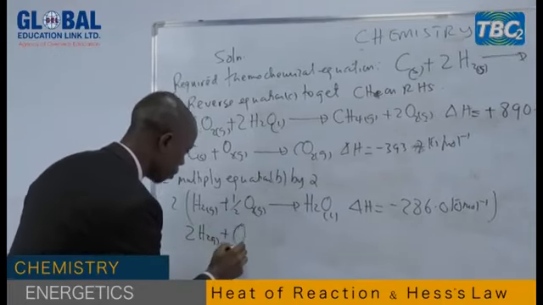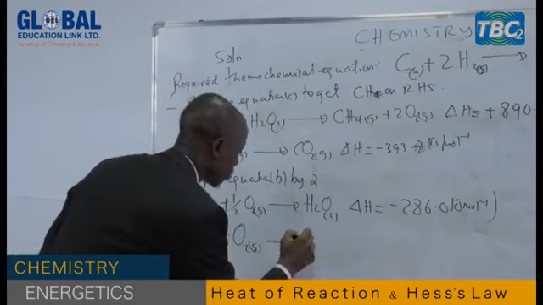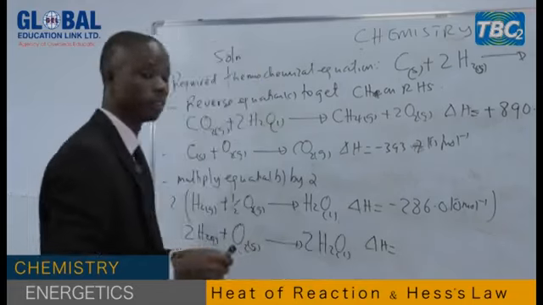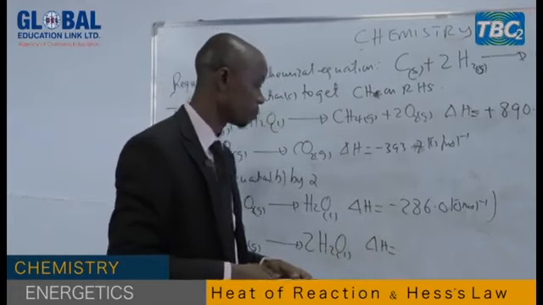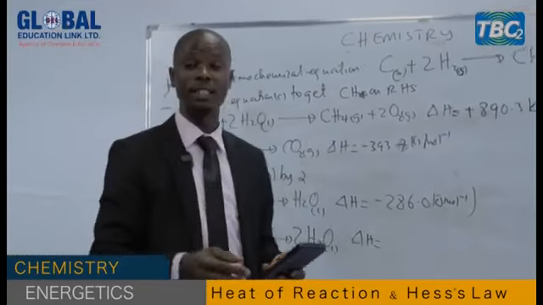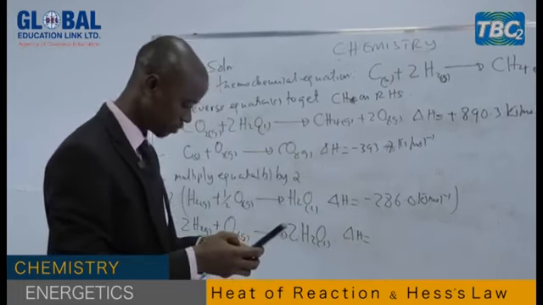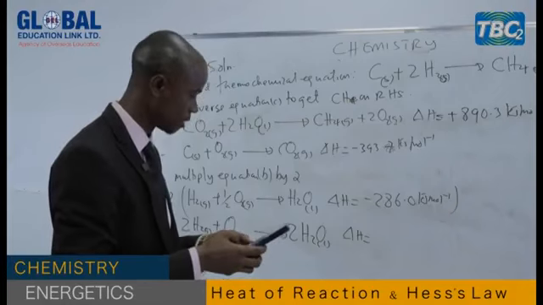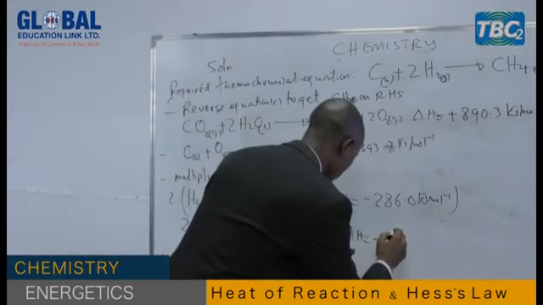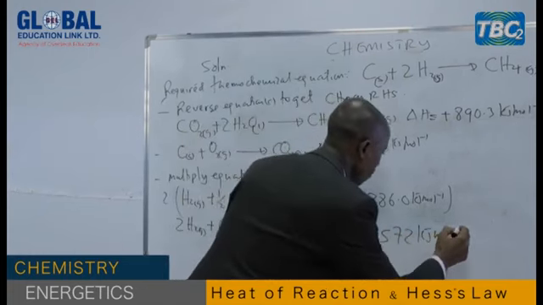So we're going to remain with 1 mole of oxygen gas, 2 times 1 mole of water. We are going to get 2 moles of water, liquid, and multiplication, 2 times negative 286.0 kilojoules per mole. You just use your calculator. I hope that you have a calculator because I'm sure that you are following, my dear students. So you take 2 times negative 286.0 kilojoules per mole. When you use your calculator, you're going to get negative 572 kilojoules per mole.